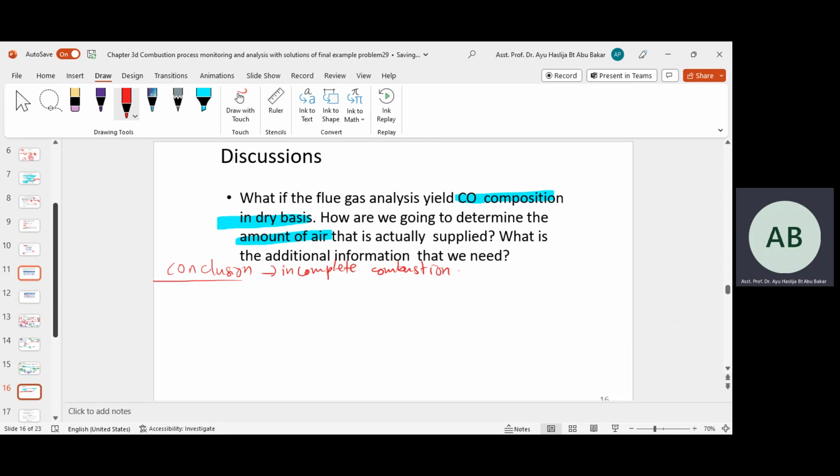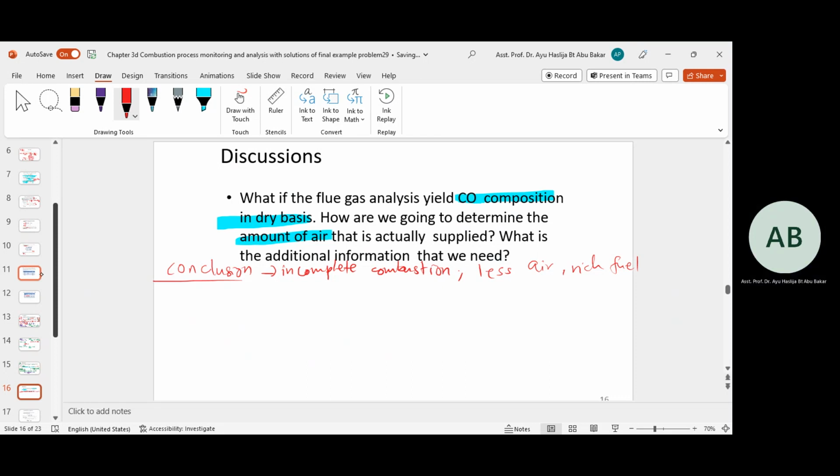Why is your combustion incomplete? Less air. Okay, less air for the combustion to occur. Other than that, rich fuel, less air, rich fuel. Okay, that is the root cause of your incomplete combustion. That one is the basic one.